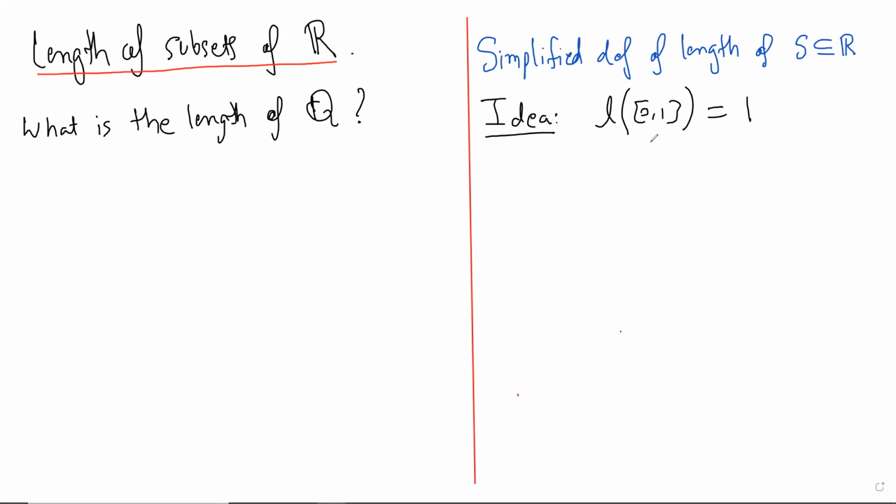So far we are able to assign lengths to intervals, so L of intervals makes sense, and all of us know this. Now, how do you make sense of this concept for sets which are not intervals? That's the next thing.